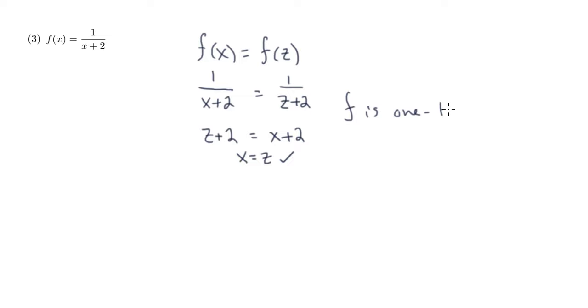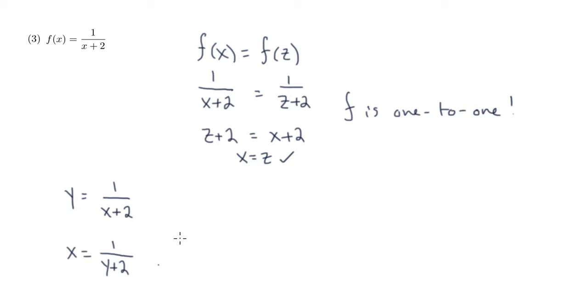So now it's just a matter of finding the inverse. And we do that by switching the input and the output. So for an output y, for our function with input x, 1 over x plus 2, let's just see what happens if I want my input to be my output. Then I'll have y plus 2.